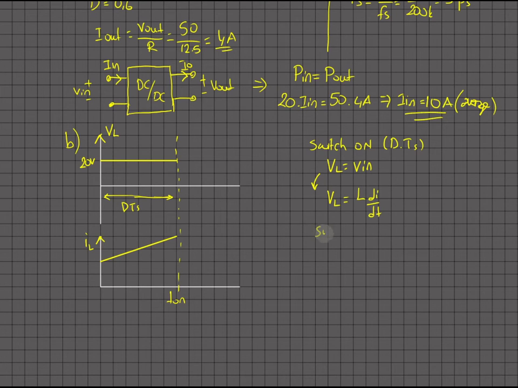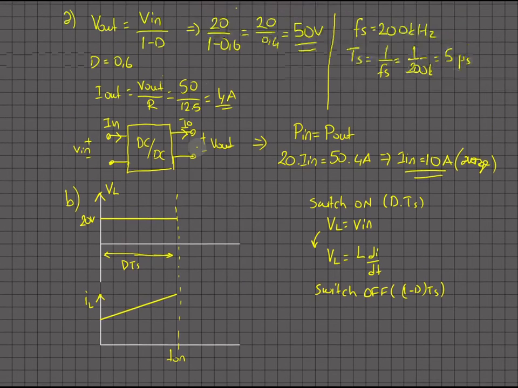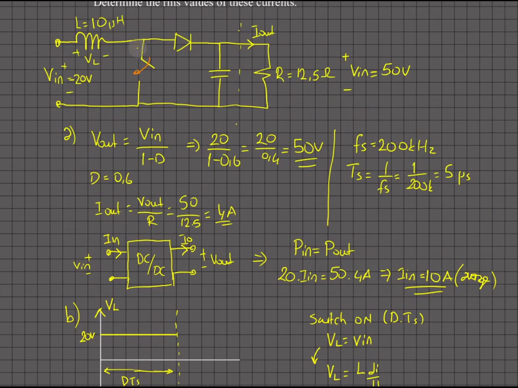When the switch is off, it is for 1 minus D times TS, right? Let me use the red one. I open the switch, turn it off, and VL will be Vin minus Vout. Sorry, that should not be Vin, that should be Vout, of course.